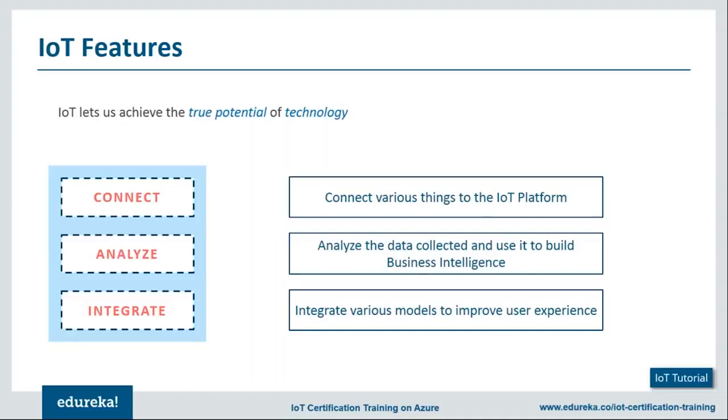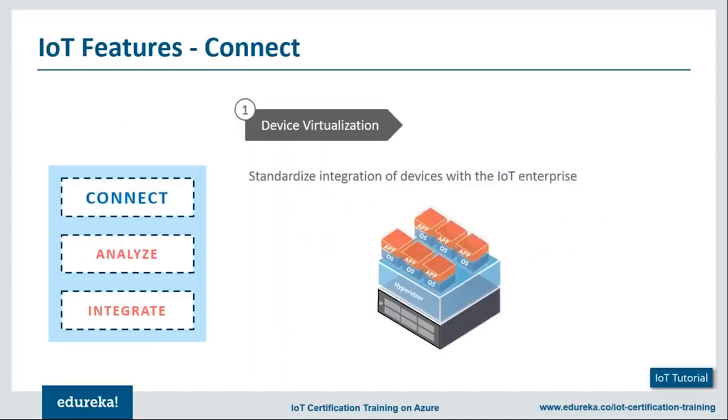Then what my system could do is go online to Amazon and purchase these beans for me as well. So there are a lot of things that I can do when I integrate this with respect to various models and improve the overall experience for a single user or a group of users or the world itself as such. Now let's talk about each one of them one by one. Let's start with Connect.